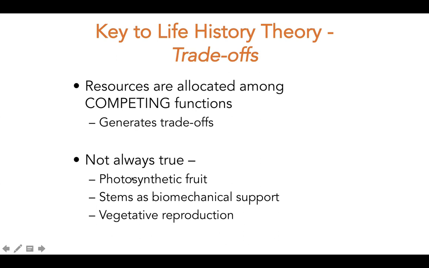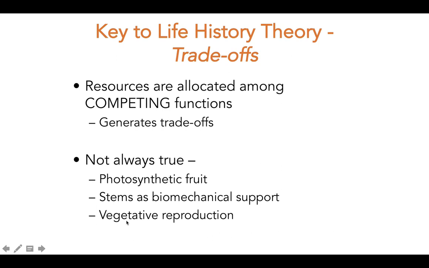Now, sometimes this is not entirely true. Sometimes we find fruit that are actually green and photosynthetic, so that fruits can help in some way augment the cost of their production. Stems can also act as biomechanical support. So instead of thinking of a stem as an allocation that is a detriment to future reproduction, stems also provide important biomechanical support that can help ensure and maintain that you have reproduction into the future.